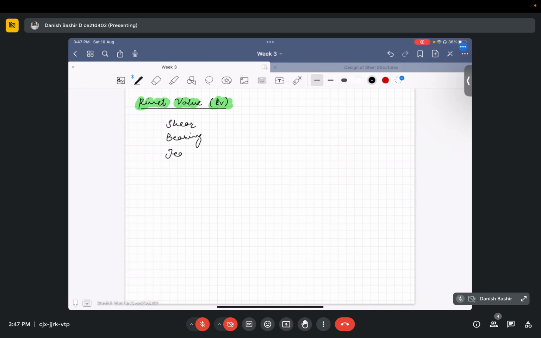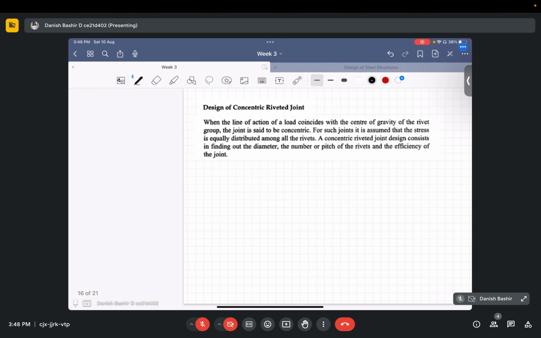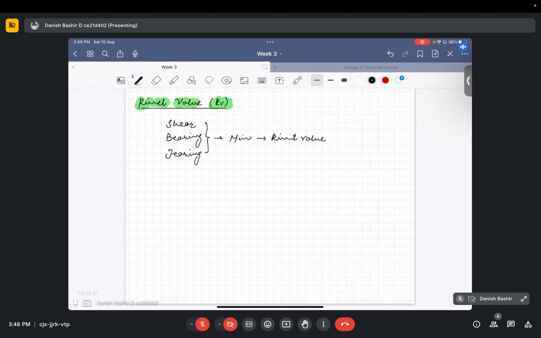Whatever is the minimum out of them will be the rivet value. That is why we define it as the minimum strength of a rivet either in shear, bearing or tearing is called the rivet value.